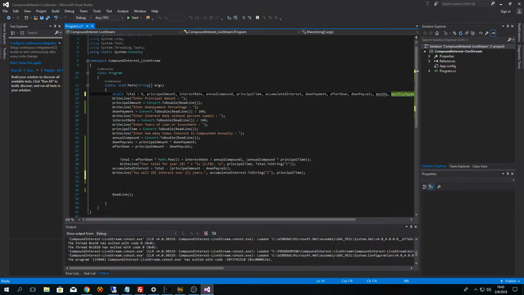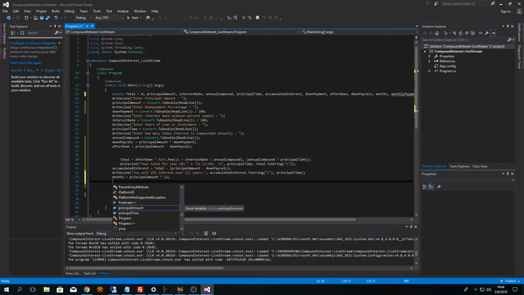Perfect. So for the way we'll figure out how many months is there's 12 months in a year. So we'll go ahead and take principal. Wait, we need to define it. We'll call it months equals principal time times 12. Easy. Then we'll take total.